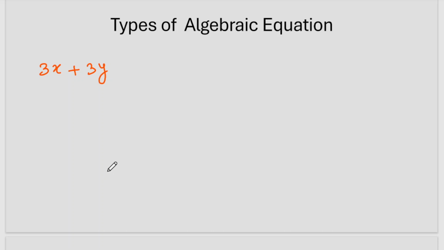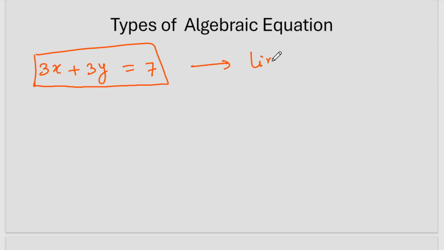And what is the difference between expression and equation? In expression, we don't have an equal to sign, and in equation, we have an equal to sign. So if I write this equal to 7, then we can say this is a linear equation. Why? Because the highest power on the variable is 1.